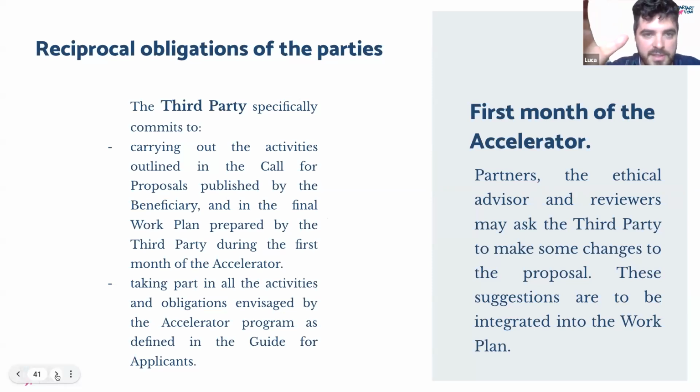So in the first month of the accelerator, in the first 30 days, you will be invited to integrate all the suggestions you will receive in the final work plan, which is the new, final, definitive version of your project you will implement in the 5 months of the accelerator after the first one, in which you will write it and integrate all the suggestions you will receive. So please, the next one.